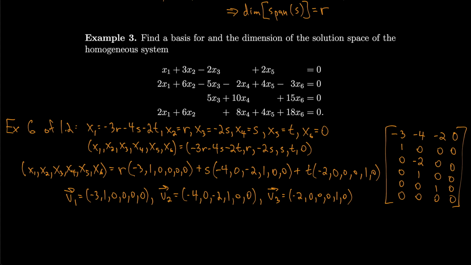So we found a basis, because v1, v2, and v3 span and are linearly independent. So that means that the number of vectors in any basis must be 3, because all bases have the same number of vectors by the first theorem we talked about in this section. So the solution space has dimension 3, because remember, the dimension is just the number of vectors in any basis. And there's 3 vectors over here.